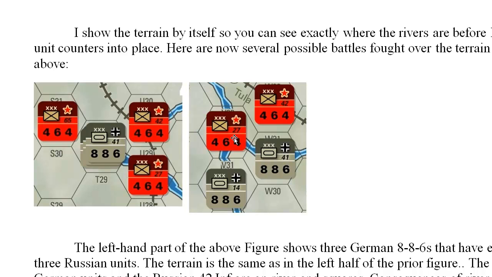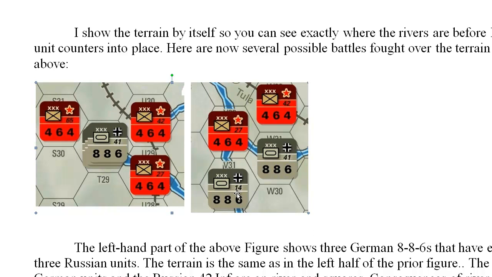If the Russian is attacking, this Russian attacking here, the Russian is on a river line with respect to the 14th armor, so the German is doubled against an attack from here. If the Russian attacks the 41st armor, the Russian is on the river line that runs vertically, and guess what?